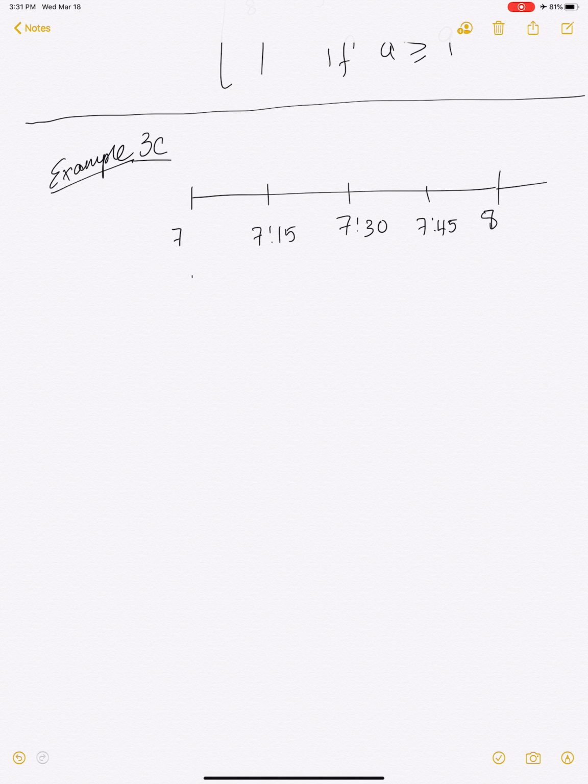So what do you know? The arrival time of the passenger is uniformly distributed from 7 to 7:30. All right?